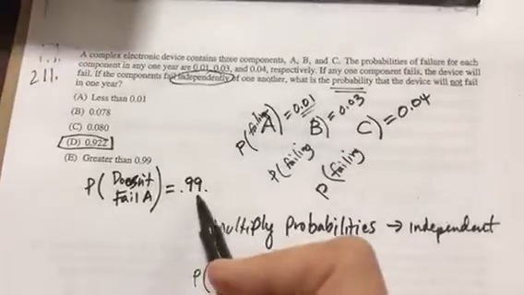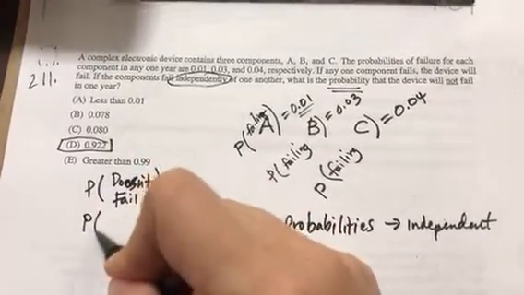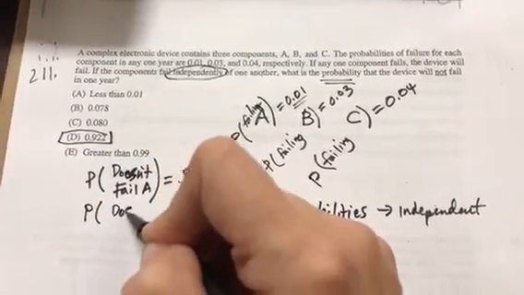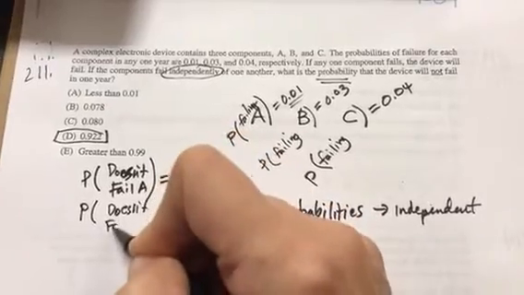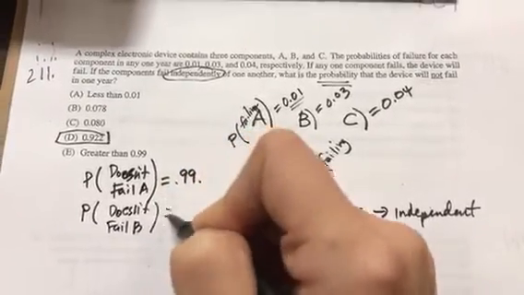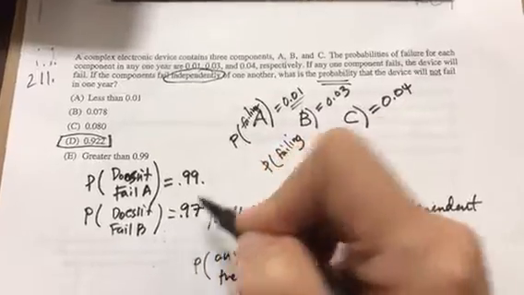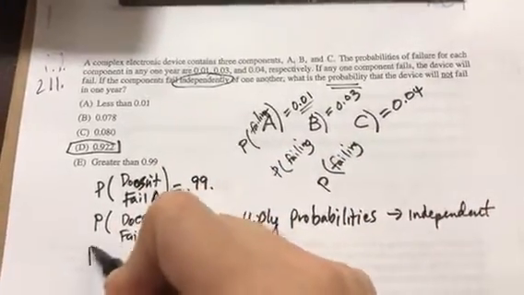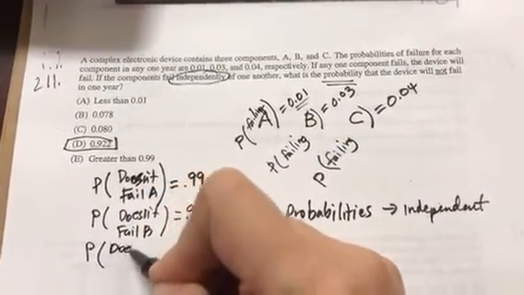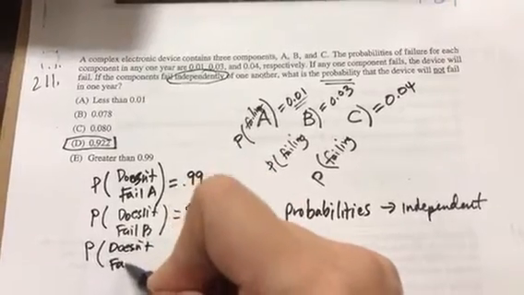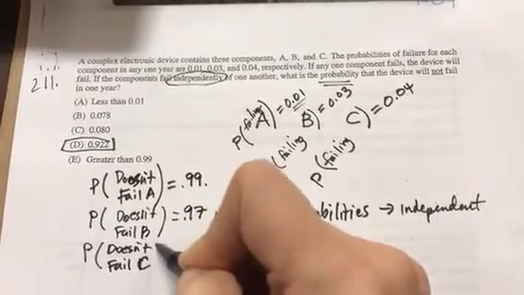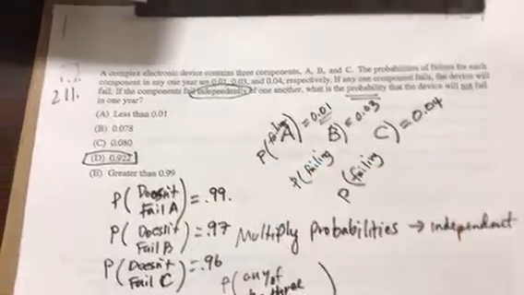99% of the time A doesn't fail. And the probability of B doesn't fail would be 97% of the time. And the probability that C doesn't fail would be 96% of the time.